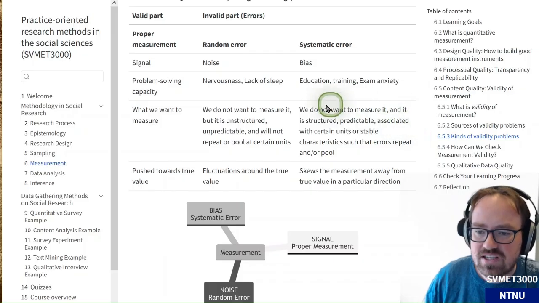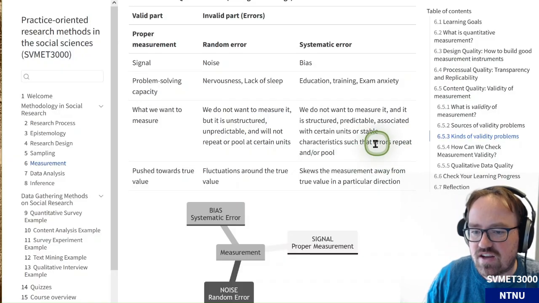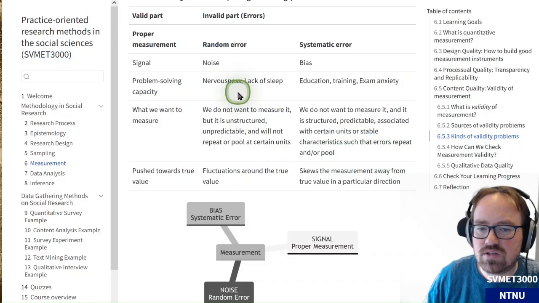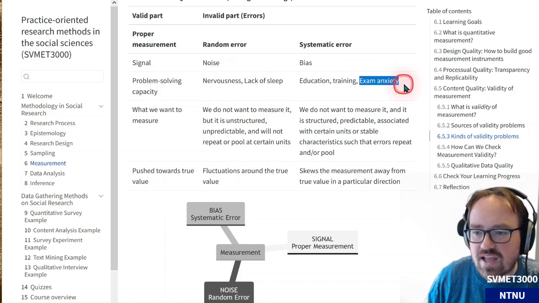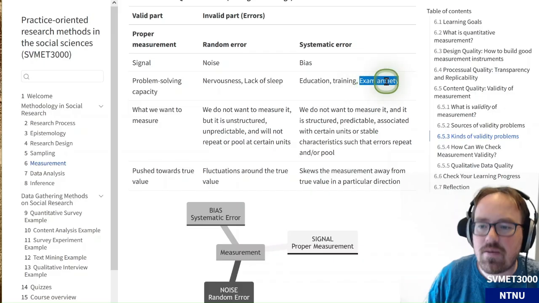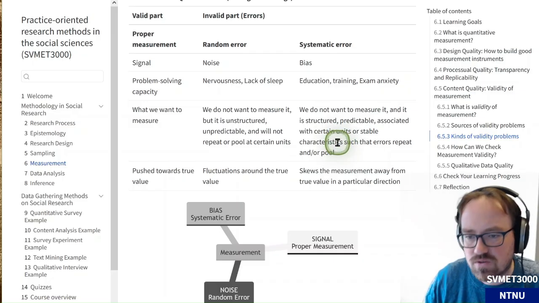And unfortunately, this is structured, predictable, and associated with certain units or stable characteristics such that errors repeat and pool. So the nervousness is one thing, but if the nervousness reflects exam anxiety, then this pools in the individual person, and that person will have predictably lower scores.